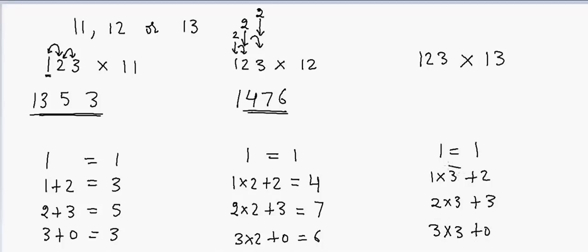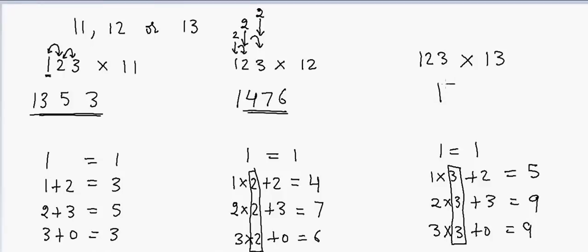If you look here, I multiplied all the numbers by 3. Here I multiplied all the numbers by 2, and here I did not do any multiplication because it was 1. So if I add these numbers, it will be 5, 9 and 9. So the answer will be equal to 1, 5, 9, 9.